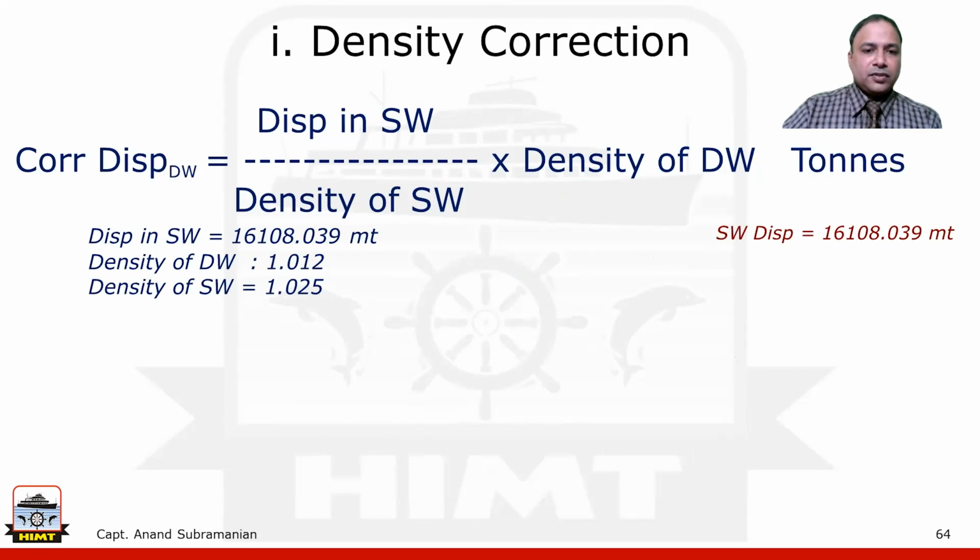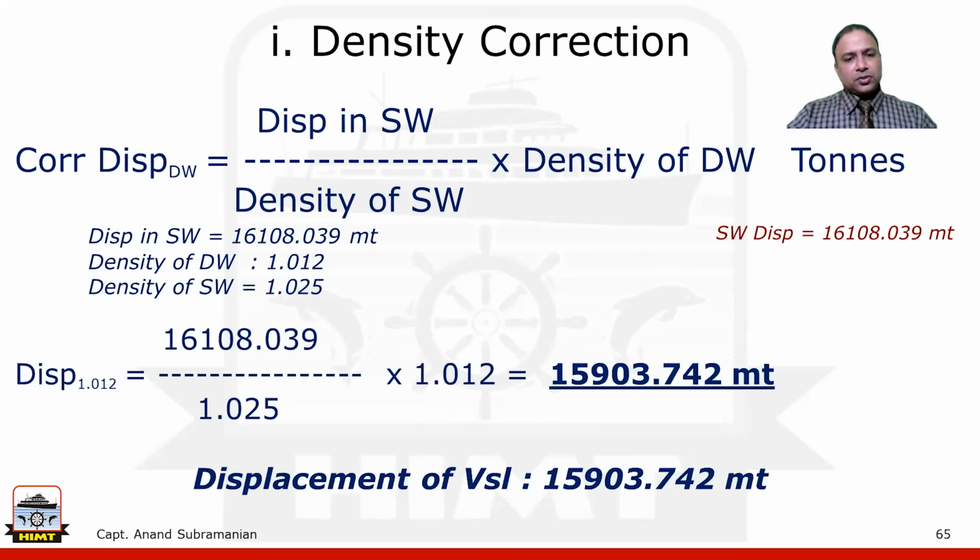In the denominator, we will divide by the density of the salt water, what we are leaving behind, 1.025. When you put this into the formula, we get the answer as 15903.742. This is the displacement of the vessel. So 15903.742 is the final answer for this numerical.